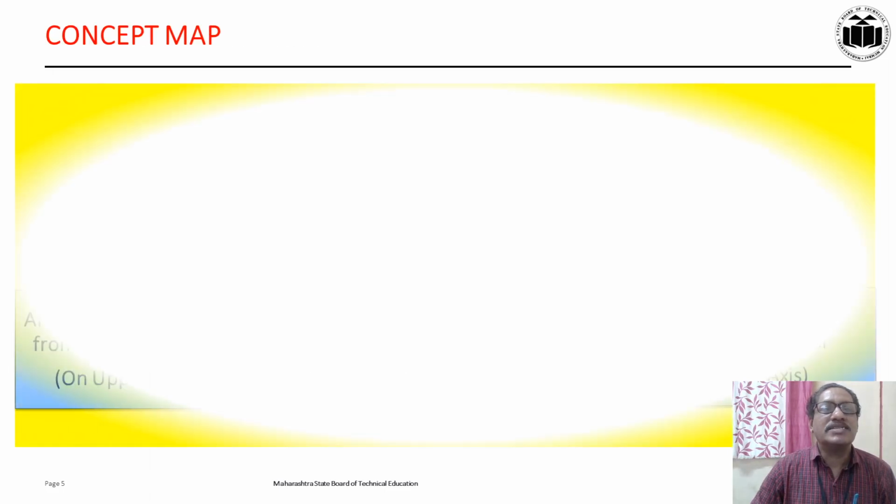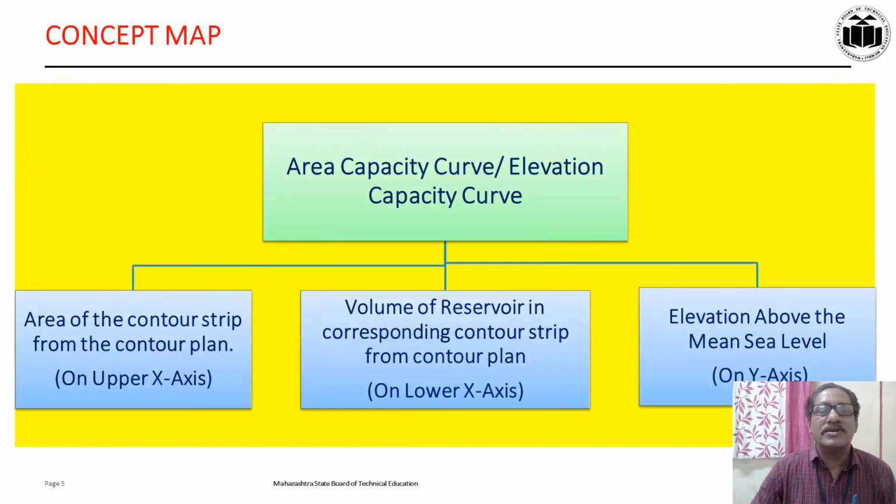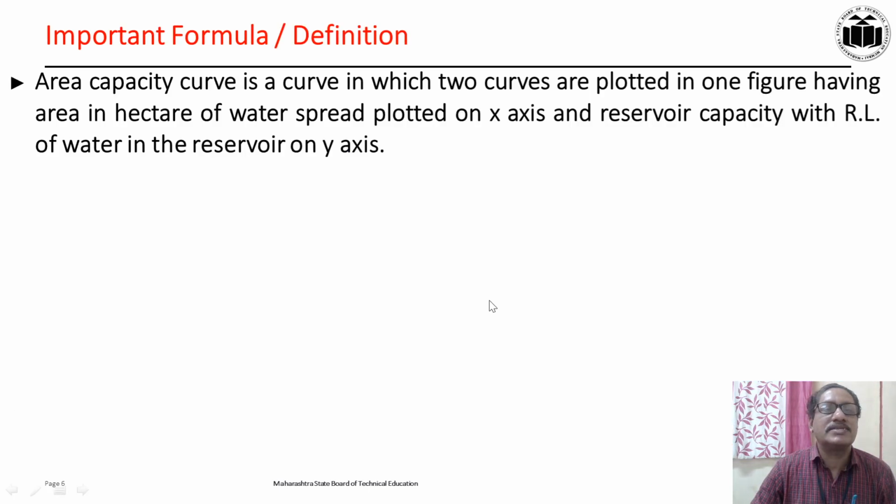As far as the concept map for the topic is concerned, the area capacity curve or elevation capacity curve basically consists of two figures. Area of contour strip from the contour plan is shown on the upper x-axis, volume of reservoir in the corresponding contour strip from the contour plan on the lower x-axis, and elevation above the mean sea level on the y-axis.